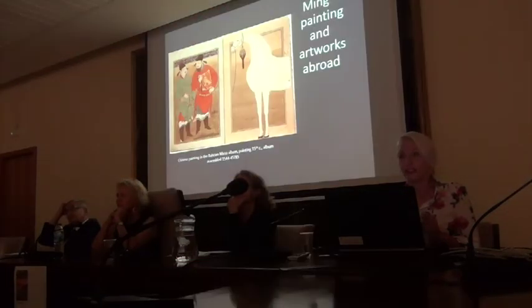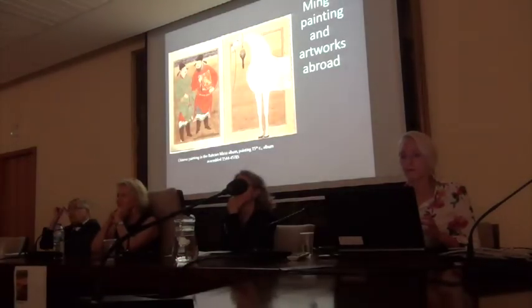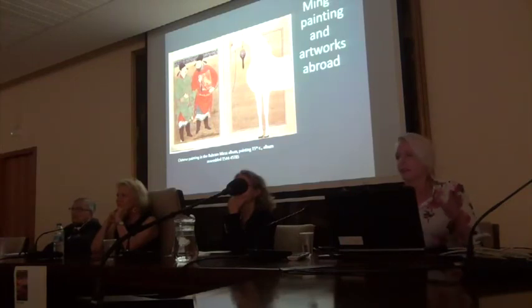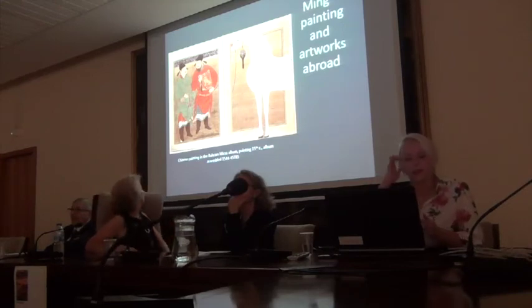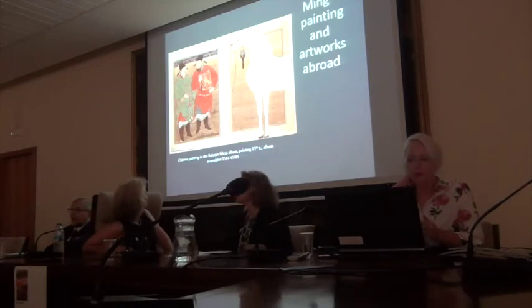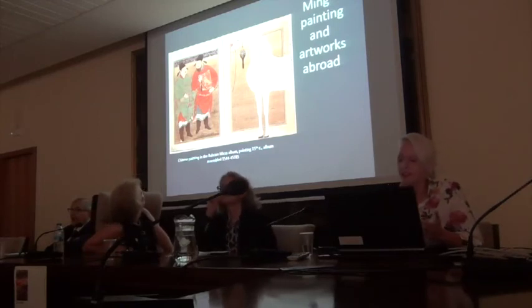And paintings were also circulating. These are Chinese paintings that appear in, for those of you who do Islamic art, quite a famous album of works of art and painting that was created for one of the Persian Shahs.